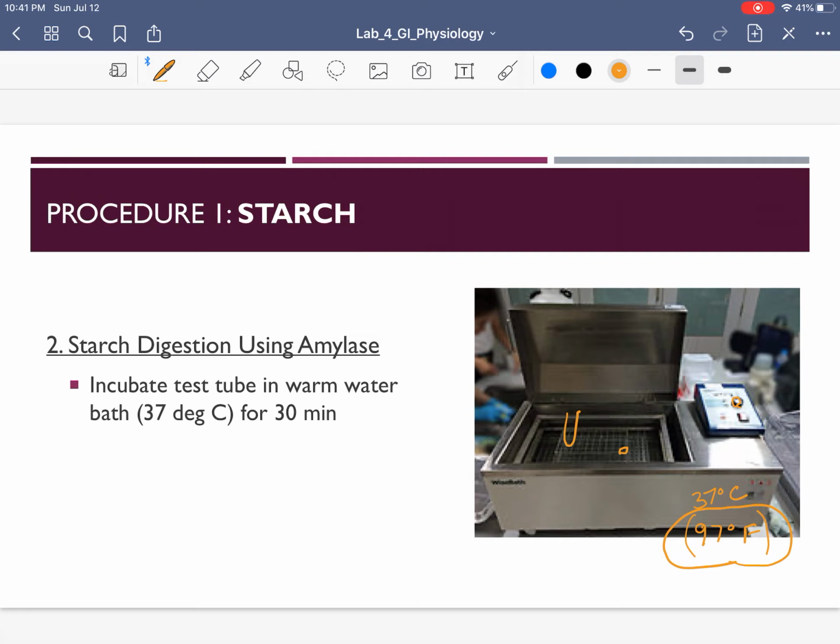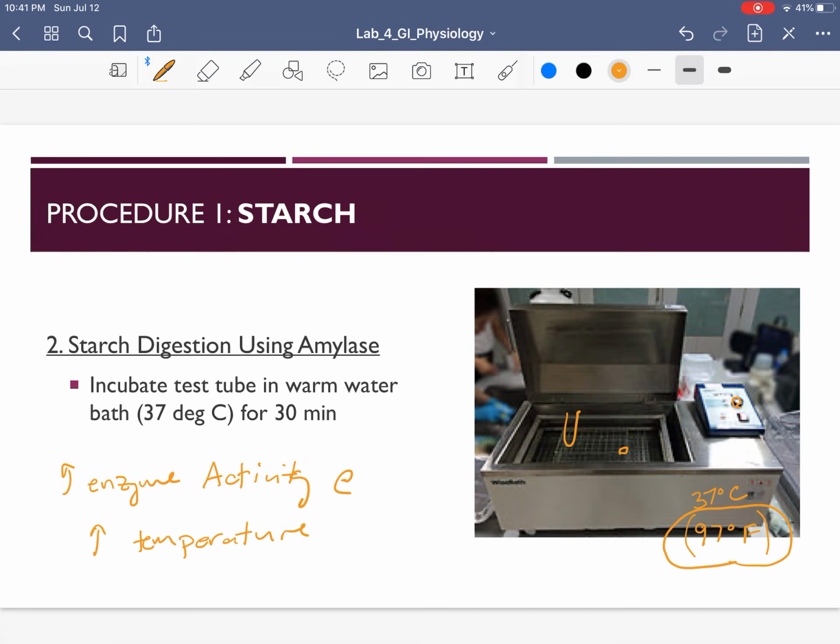Another important point is that there is more enzyme activity at a higher temperature. So these enzymes will be a little bit more active at 97 degrees Fahrenheit than they would be at room temperature. So it's actually beneficial that our core temperature is a little bit warm because enzymes will work faster.